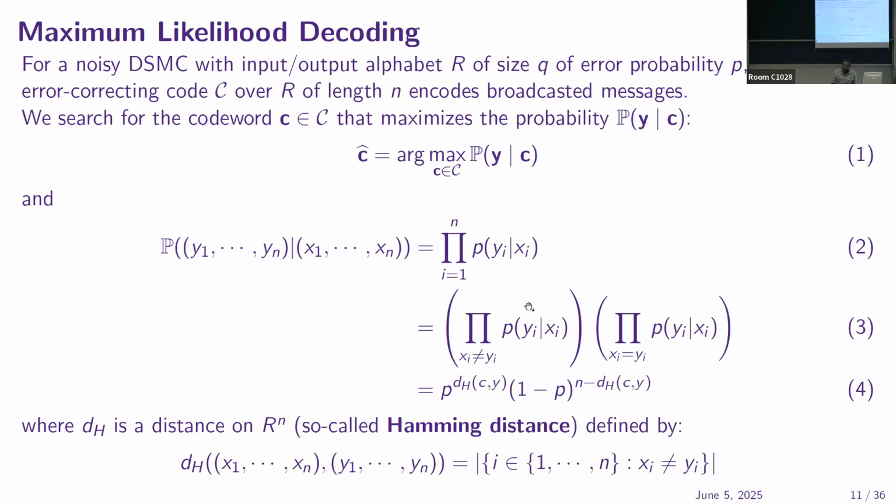The probability of receiving y_i given that x_i is sent is P, the error probability of the channel.